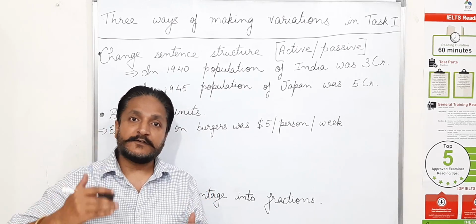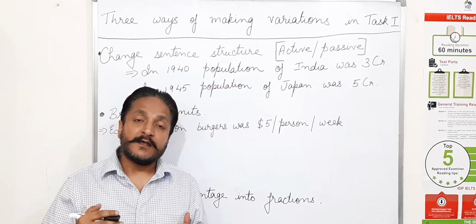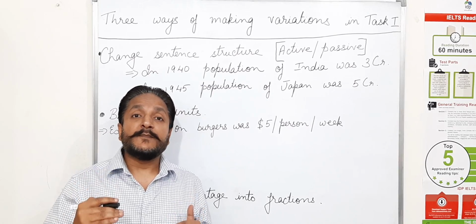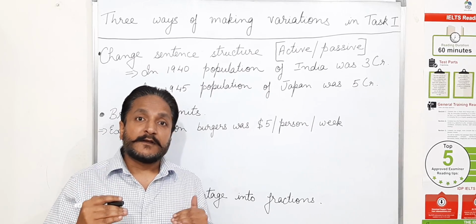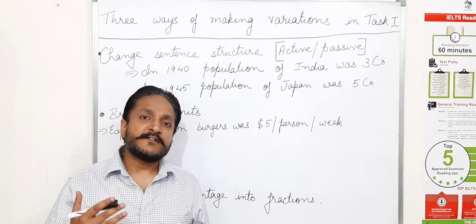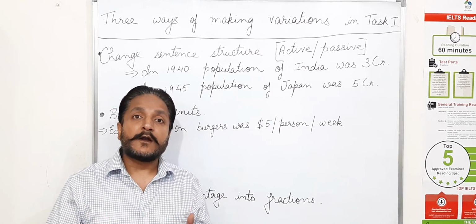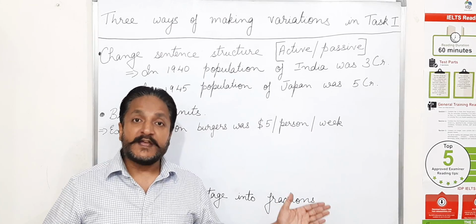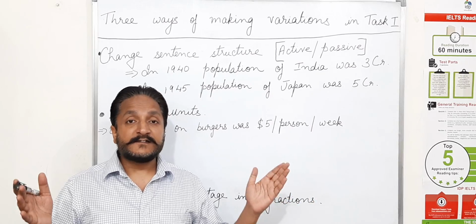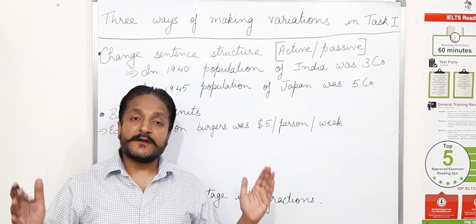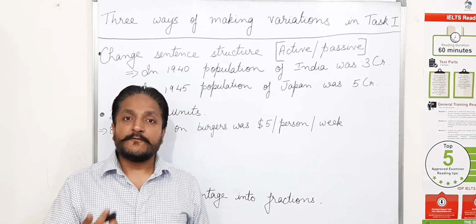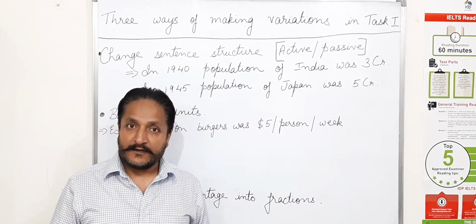When you write two consecutive sentences, the sentence construction of both of them should not be similar. Guys, when we use variations in our sentence construction, we show our grammatical range. We explain to the examiner that we can write the same thing in different ways. And that is the thing which is required to fetch marks in task 1.